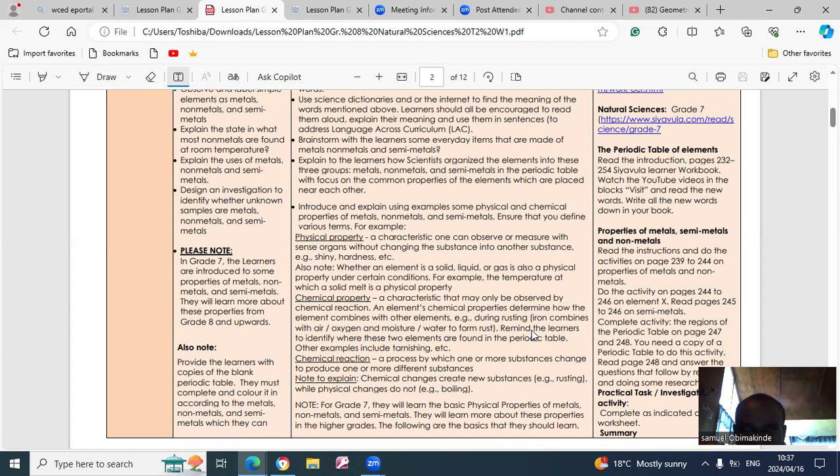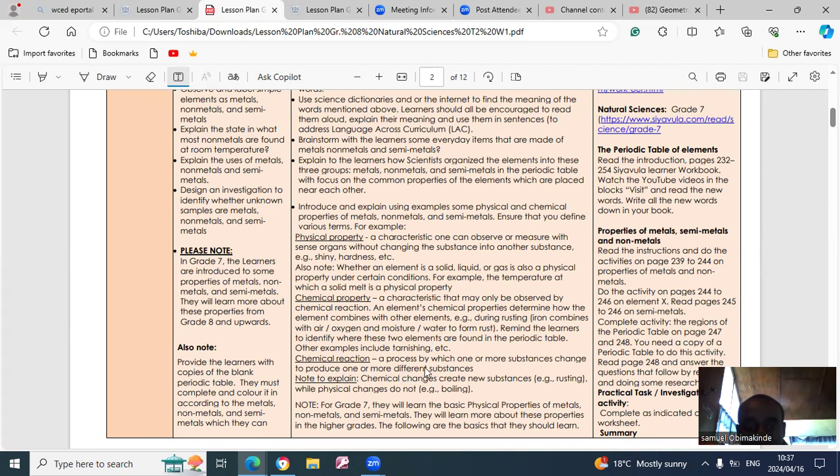So as time goes on, we learn to identify where iron and oxygen occur in the periodic table. All right, so you can pause the video now and look on your periodic table and locate the position of iron and oxygen. Now, chemical reaction. A chemical reaction is a process by which one or more substances change to produce one or more different substances.